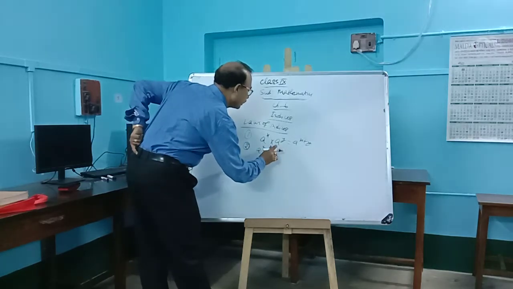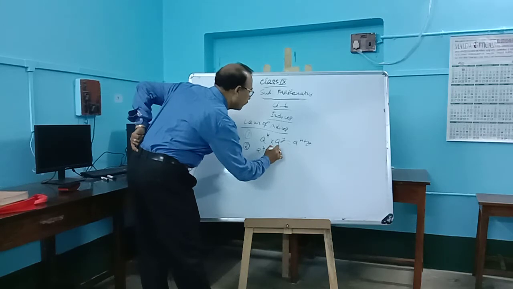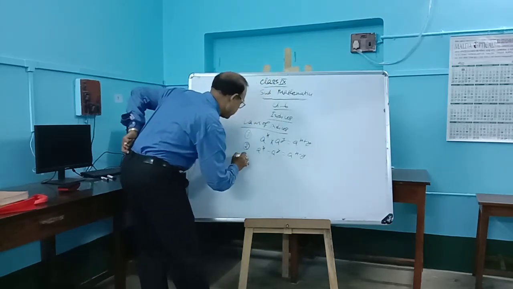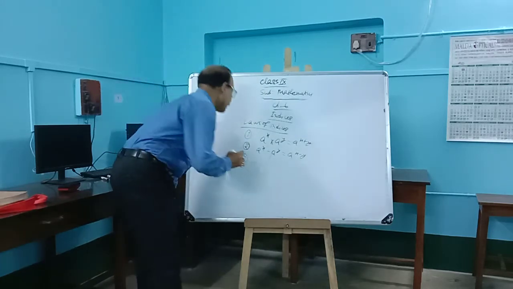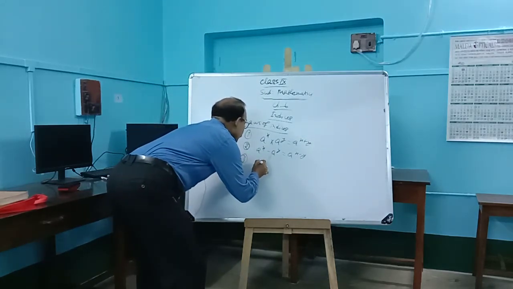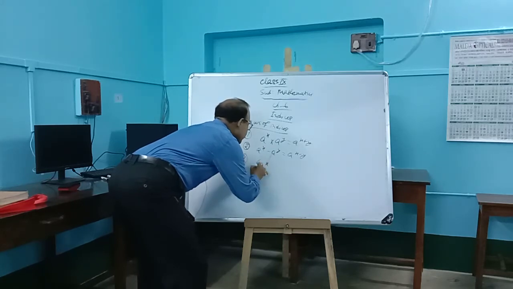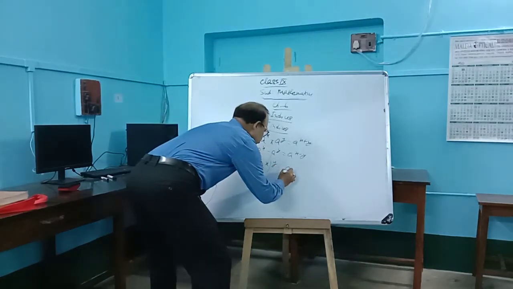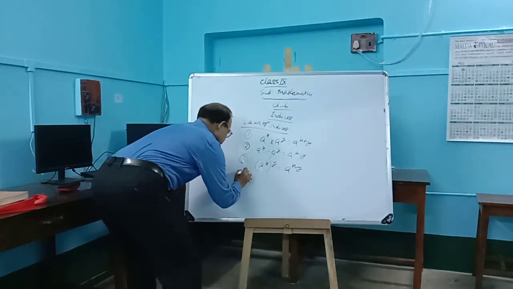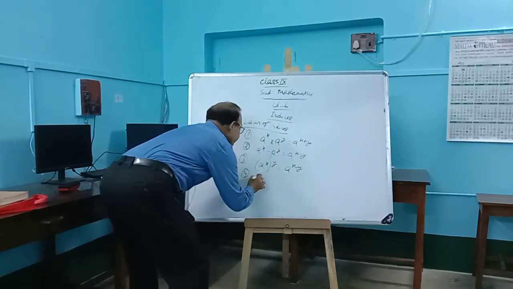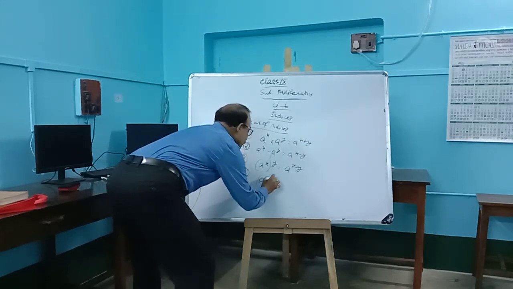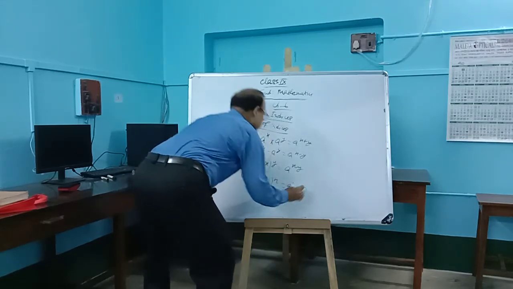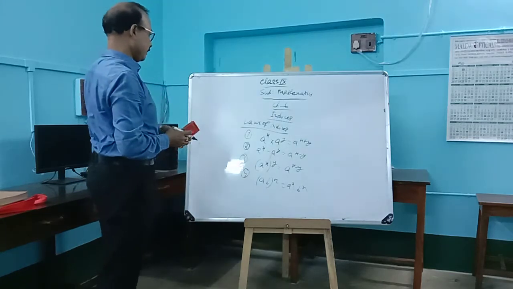In the case of division, the power will be subtracted. (a to the power x) to the power y: power and then again power, the powers will be multiplied. (ab) to the power x: both numbers get power x separately, each with its own x power.